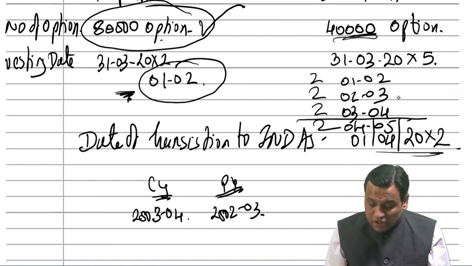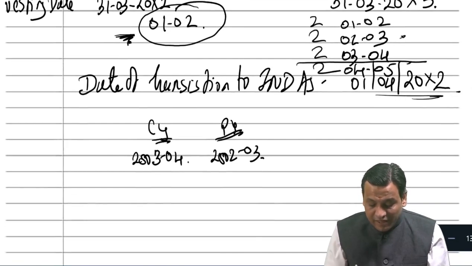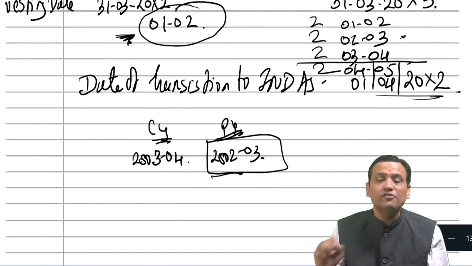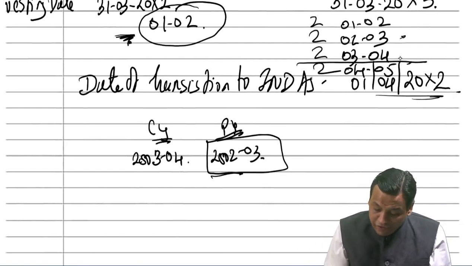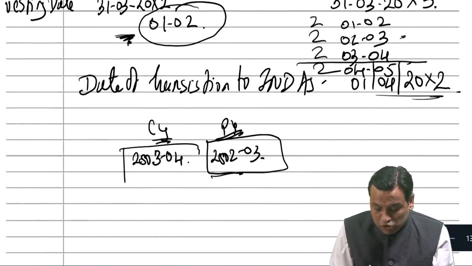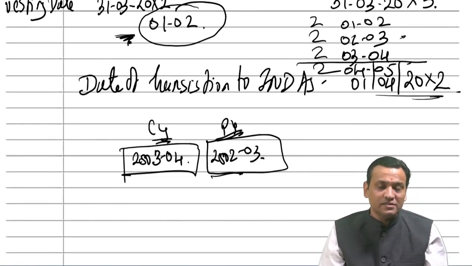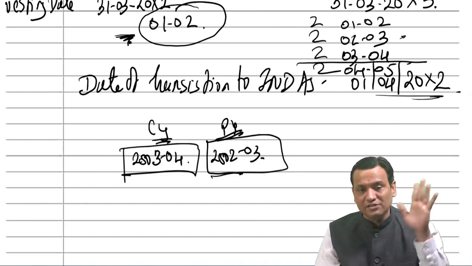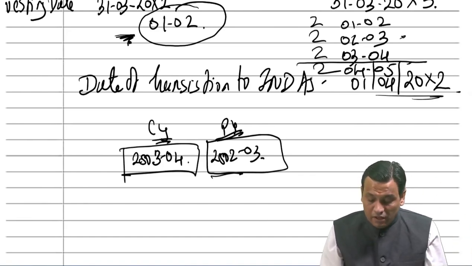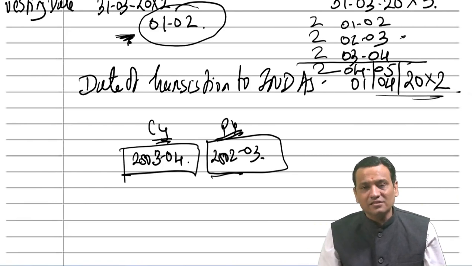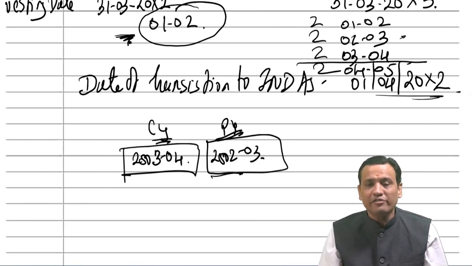As far as the 2-3 cost is concerned, that will be given effect in 2-3 itself. And as far as the 3-4 cost of 2 lakhs is concerned, that will also be given effect in 3-4 by debiting employee benefit expense and crediting share based payment reserve. The 4-5 cost of 2 lakhs is not to be accounted now, that will be accounted as and when the period comes.